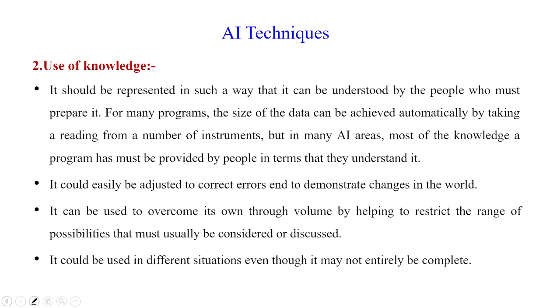It should be represented in such a way that it can be understood by the people who prepare it. For example, domain experts, lawyers, and engineers are the ones who prepare the data. They must be able to understand it and verify it. If they are not able to do that, then it will be very, very difficult.